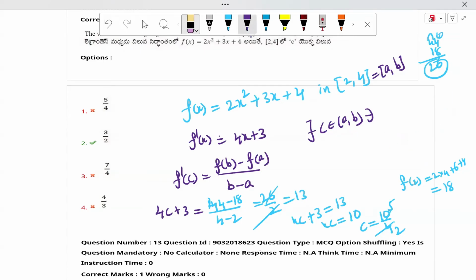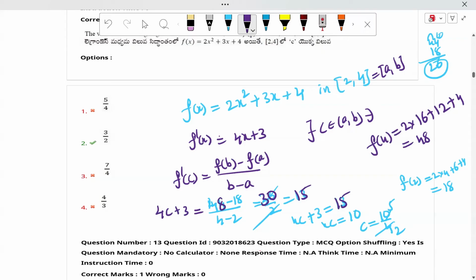What is f(4) here? f(4) is nothing but 2 into 4 square is 16, 4 threes is 12, plus 4. Very good, it is 48. 48 minus 18 is 30, and 30 by 2 is 15. So it is 15, and 4c + 3 = 15.